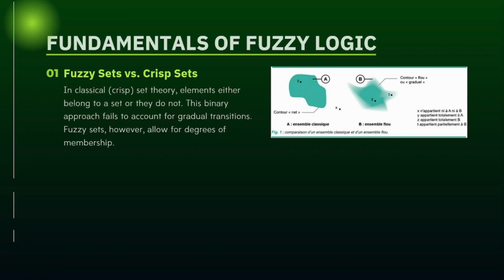In a crisp set system or algorithm, in the source code of this system, you're gonna see that there are some conditions. If the input height is greater than 180 centimeters, then this person is tall. If it's below that, then this person is medium height.